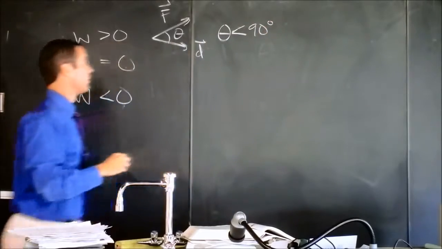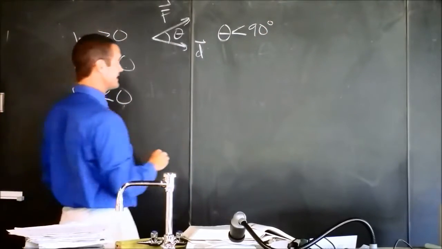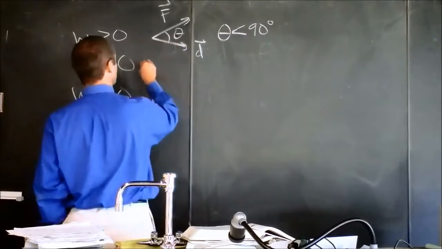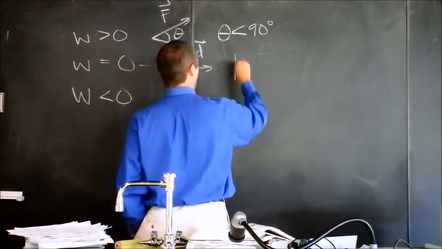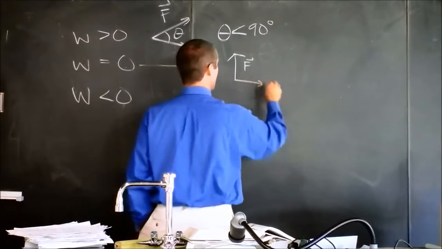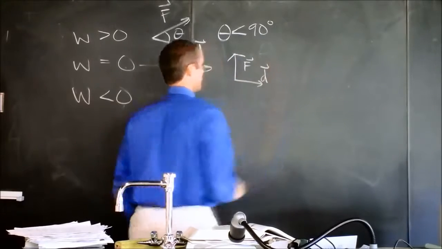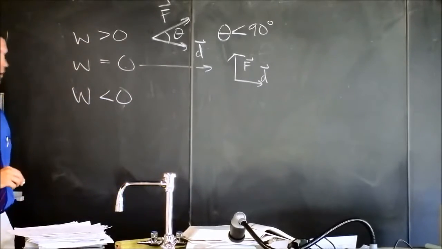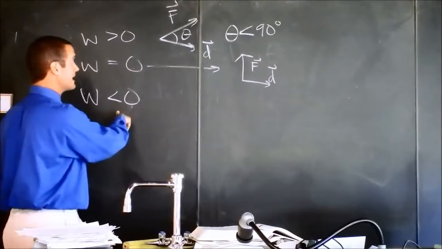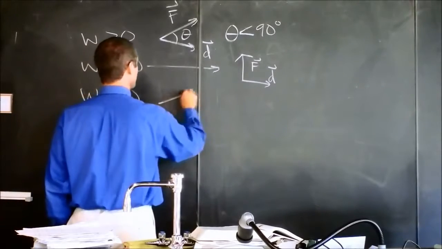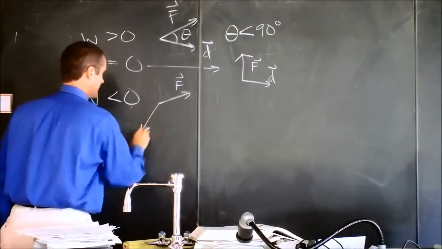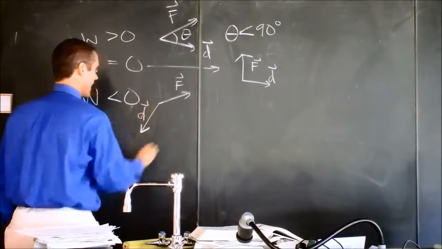What if the angle between force and distance is 90? The work is 0. Right. So that would be the case where the force is, for instance, up, and the direction you're going is that direction, and you would have no work being done. And finally, we could look at the work being negative. That would be the case if the force is this direction, let's say, and the distance that you're going is that direction.